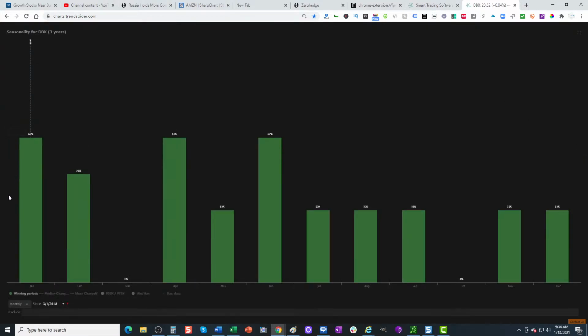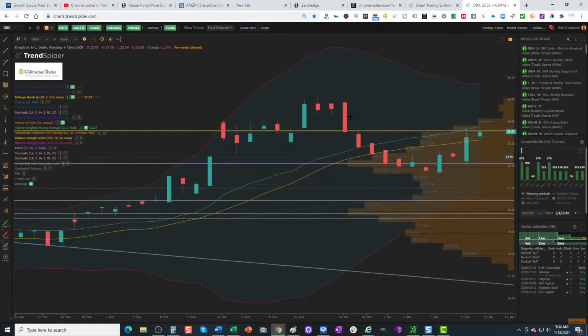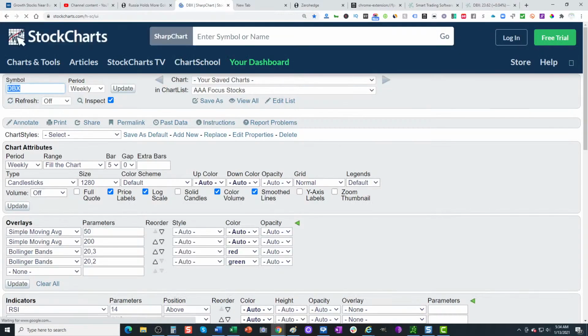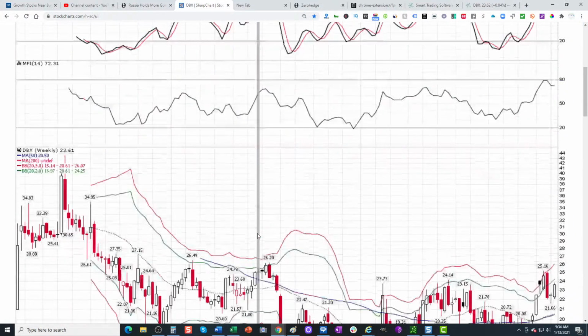Going back, this is only 3 years. How much data do we have here? 3 years is not enough to use seasonality. You know what? We're not going to talk about this. I would forget about seasonality here. Not enough data. I want to take a second look at Dropbox using another source to validate my thoughts here.